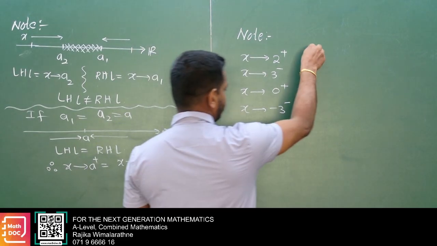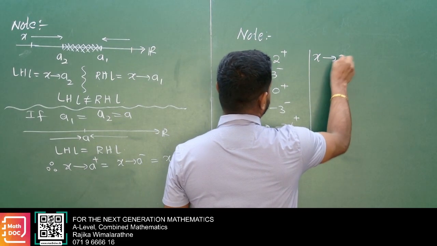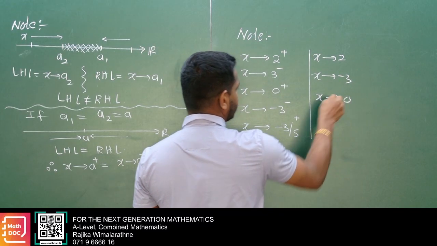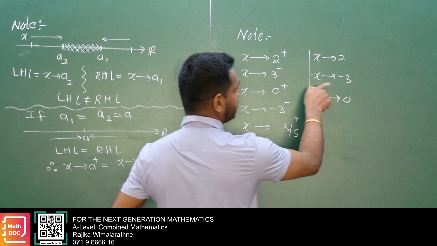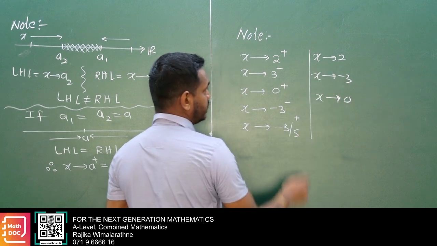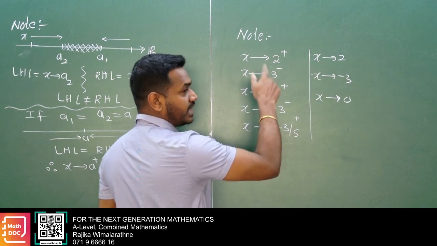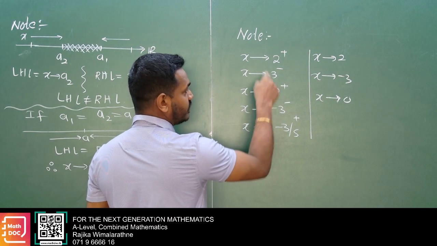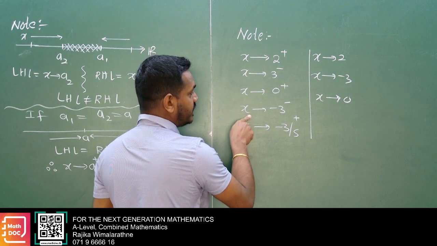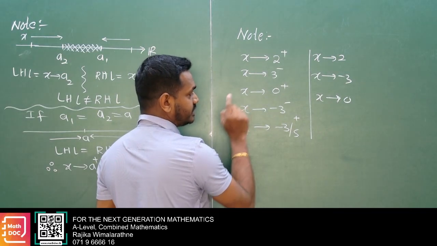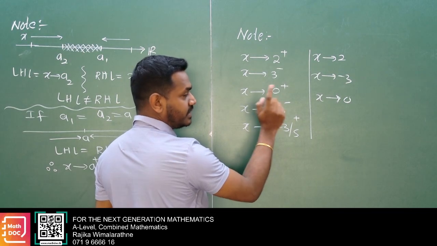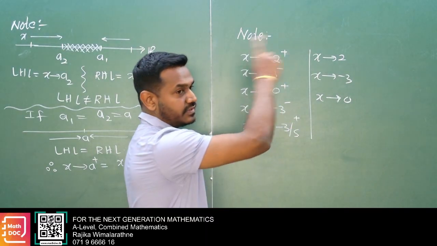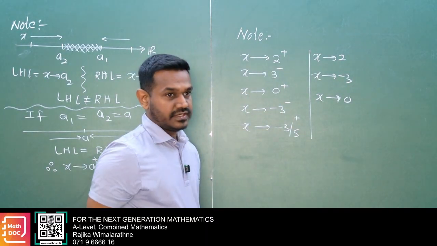And also x arrow 2, x arrow minus 3, x arrow 0. Here x tends towards 2 from the right hand side, x tends towards 3 from the left hand side, x tends towards 0 from the right hand side, x tends towards minus 3 from the left hand side. These are the idea of this notation. Okay, better to put it.